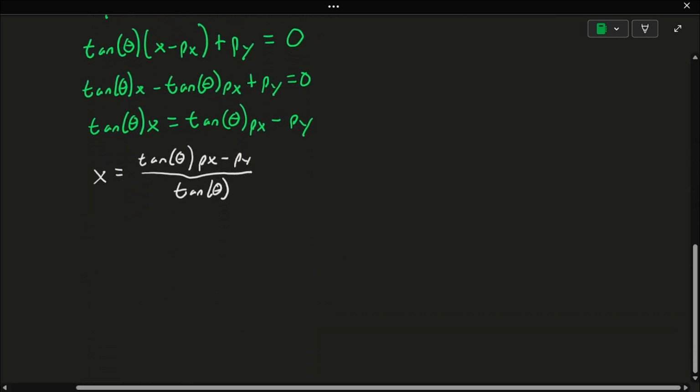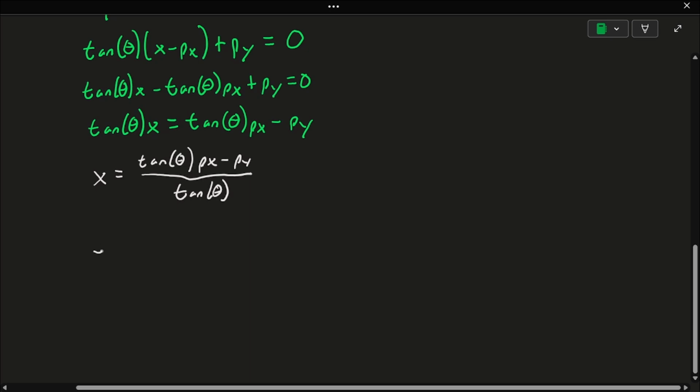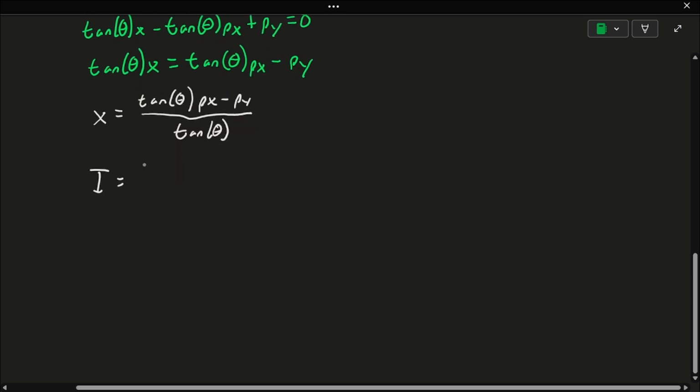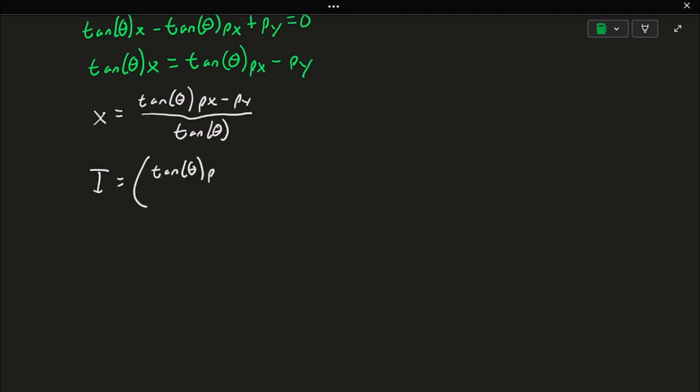So we can write out that I, our intersection point, equals tan theta px minus py divided by tan theta. That's our x position. And then our y position is just 0, which makes it nice and easy.